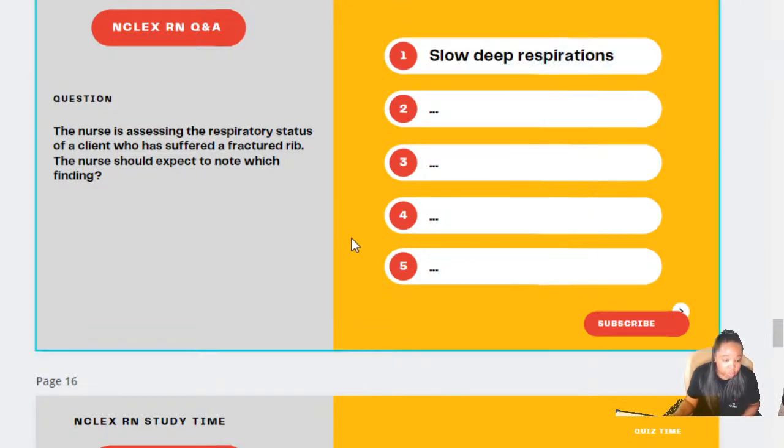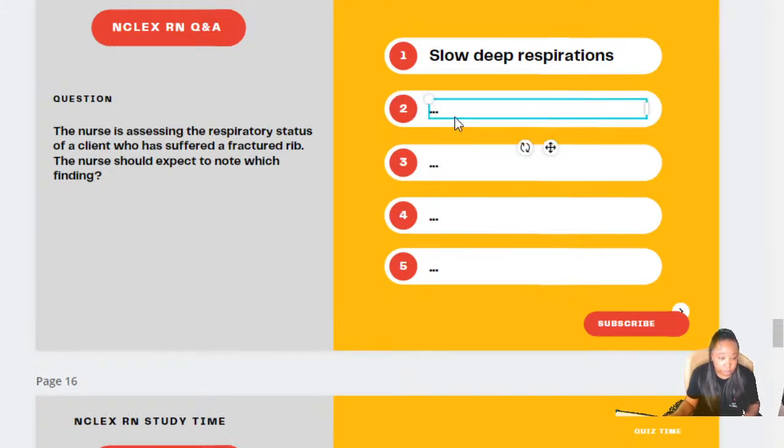The first one says slow, deep respiration. Well, a patient with a rib fracture has slow and deep respiration? The rib fracture causes respiratory status to decrease or increase or something like this.